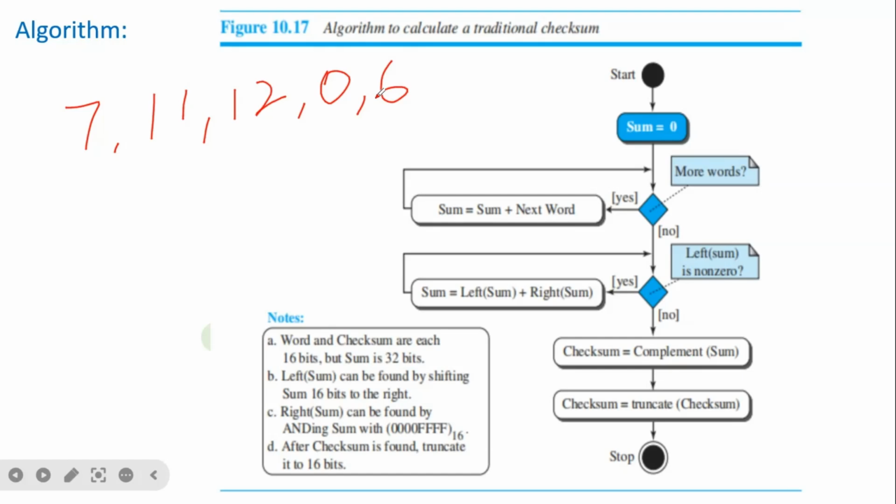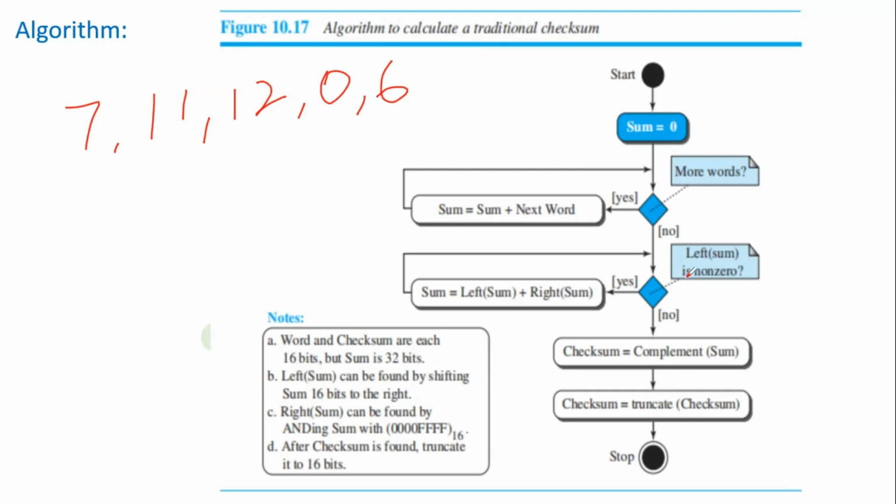I'm just trying to explain with 4-bit. Initially it is 0, 0 plus 7 becomes 7. There are more words, so it takes 11, then 7 plus 11 becomes 18. Likewise it keeps adding, and once it reaches 6 there are no more words left.